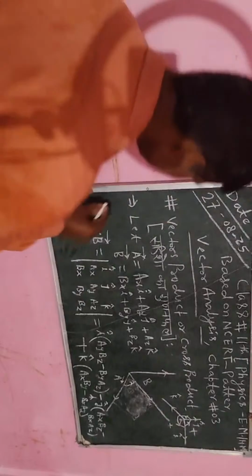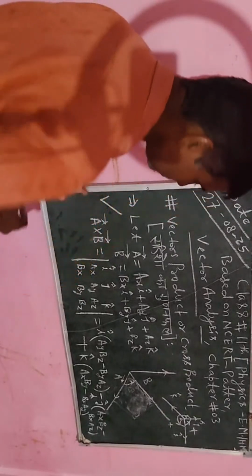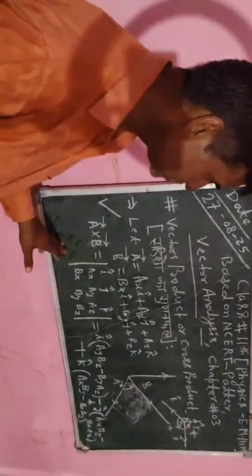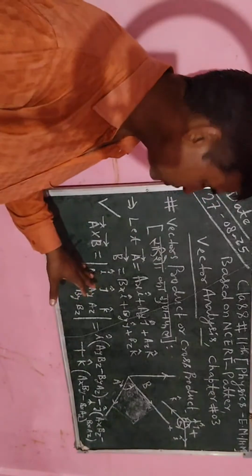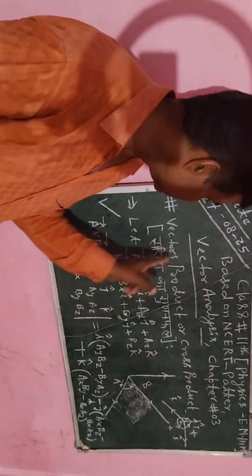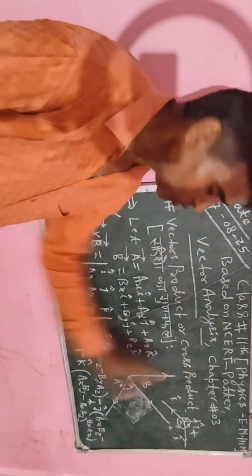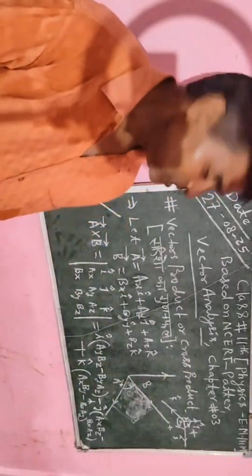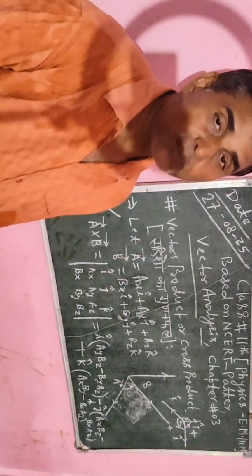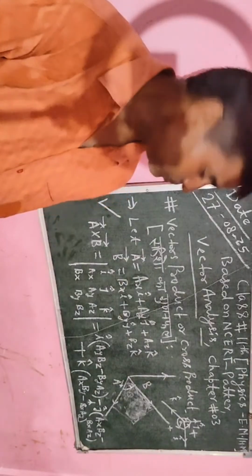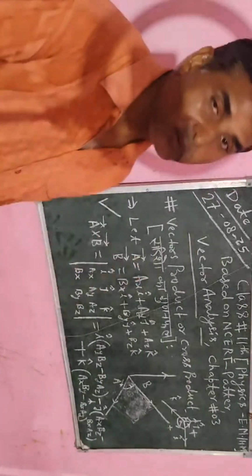This is the required concept, and each and every student has to concentrate on this, because if the student concentrates on it, every question related to vector products or cross product of two vectors can be solved. The cross product of two vectors will also be a vector, because that vector can be obtained this way.